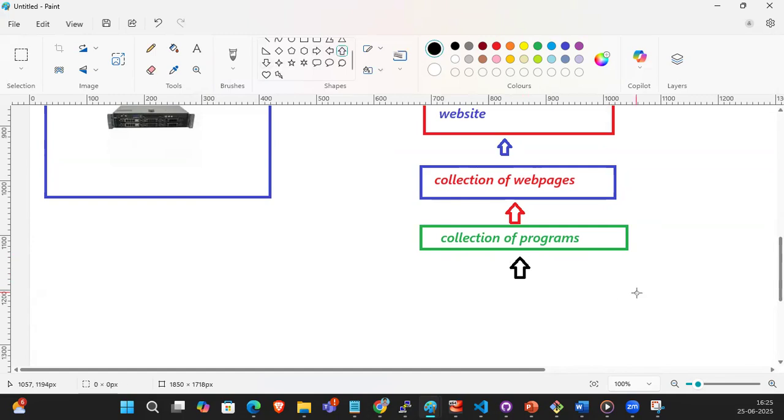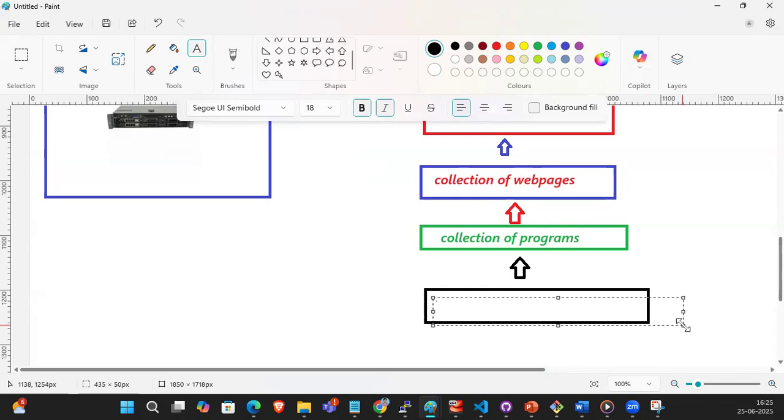A set of instructions is nothing but a program. So a collection of programs is nothing but a web page. A collection of web pages is nothing but a website.